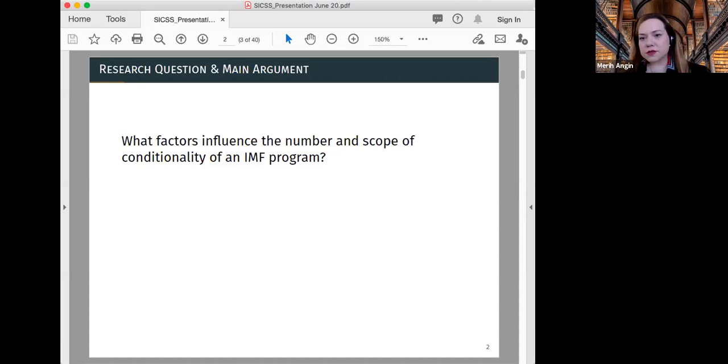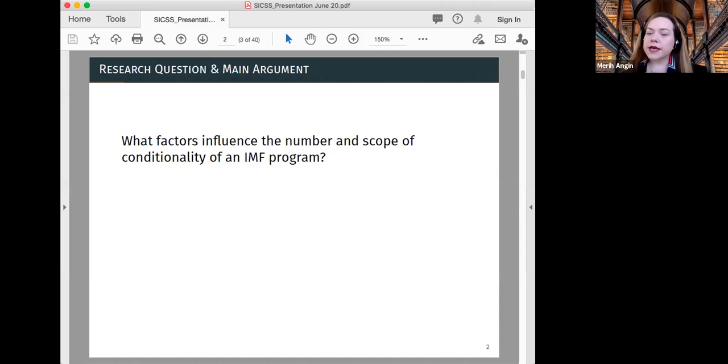However, neither of these approaches really fully explains the variation, as they neglect the impact of the relation between the IMF executive board, the IMF staff, and the recipient country authorities on the design of the IMF programs. And despite substantial empirical studies, there is still an ongoing debate about the main factors explaining the variation in conditionality shaping IMF programs.